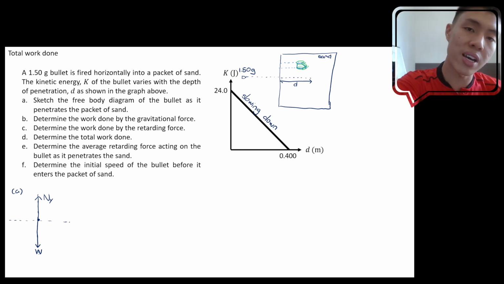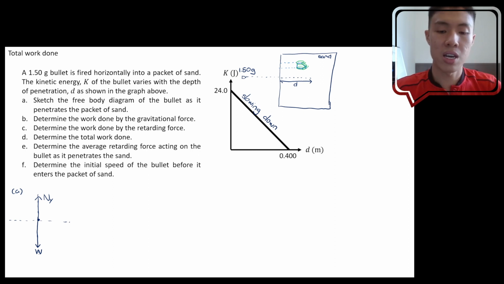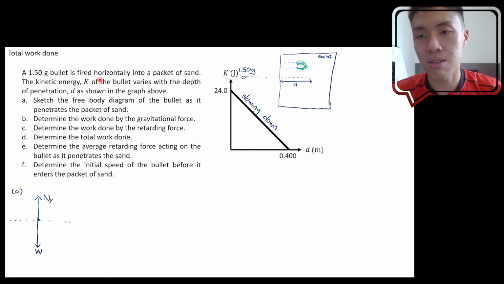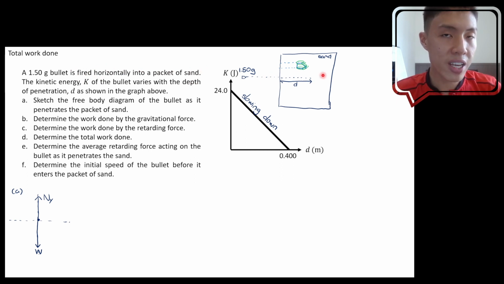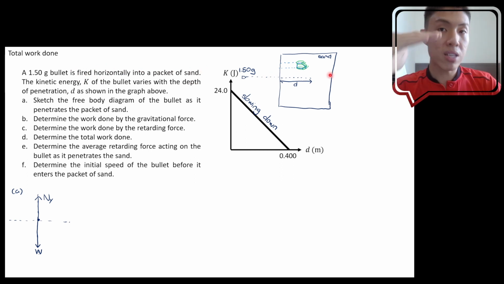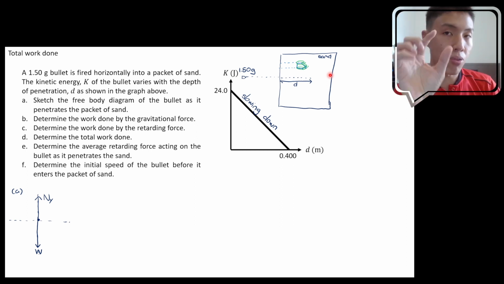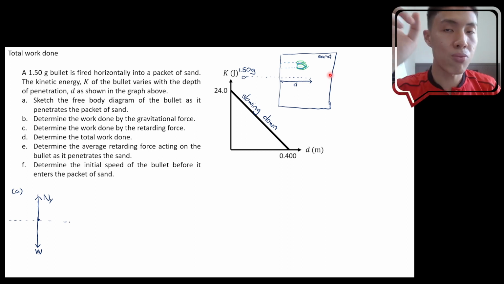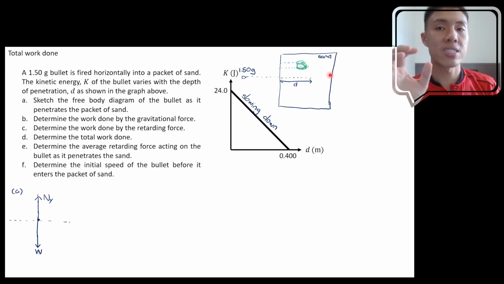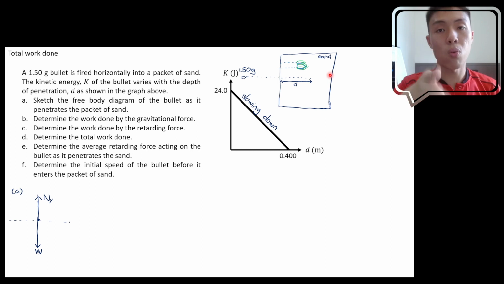It has to go downwards. It has to curve downwards. But your question says that it is fired horizontally into a packet of sand. So if it's traveling horizontally, that means the bullet is not moving up or moving down. So there's zero possibility for the bullet to be having acceleration upward or acceleration downward. The acceleration has to be 0 in the y component.